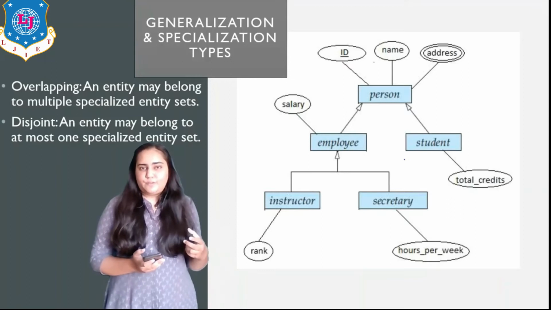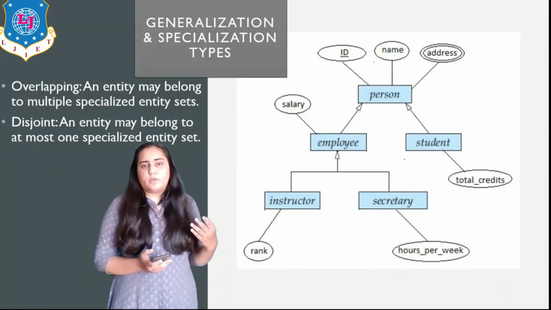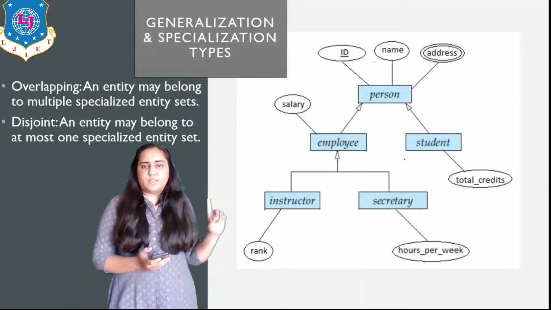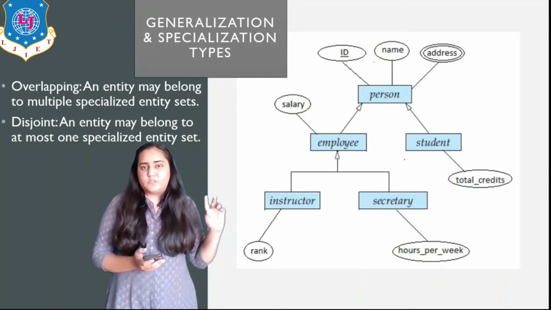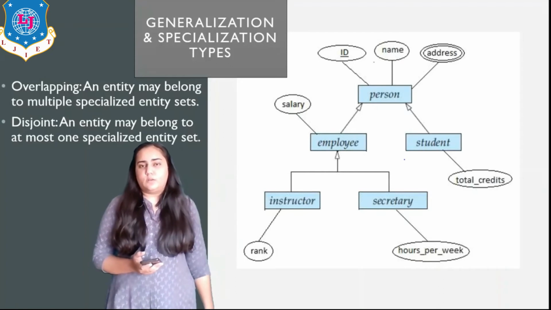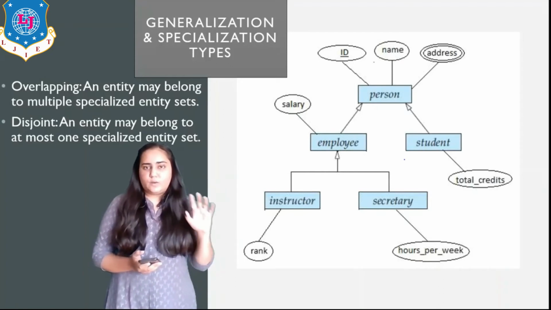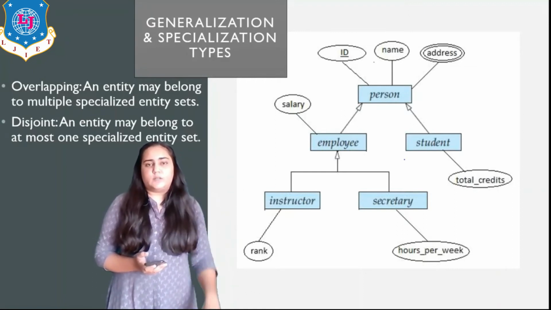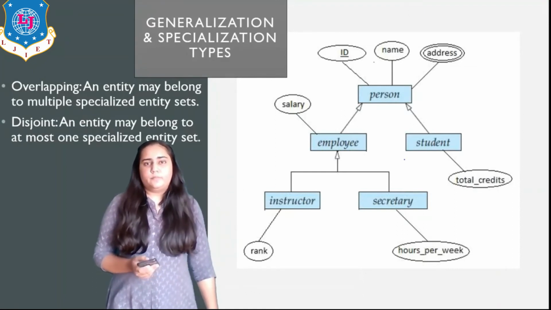And this type of a specialization would be disjoint. To show that, we would be putting one single hollow arrow instead of two separate ones like we did in overlapping ones. So this is one single hollow arrow, and from that one arrow, we will create the specializations.